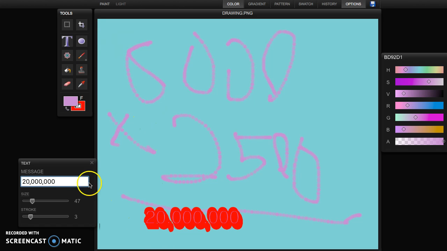We did this because 20 million would be the amount of people who eat at all of the Giant Burger restaurants, and we see how many people eat there.